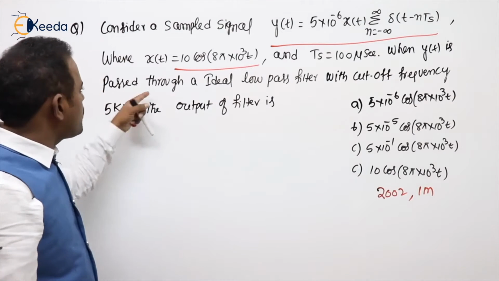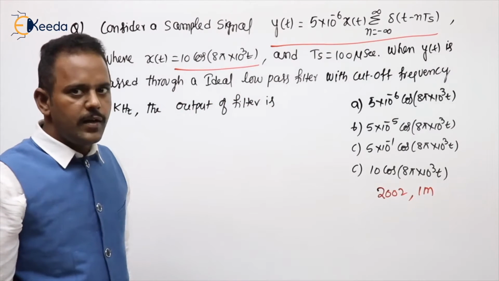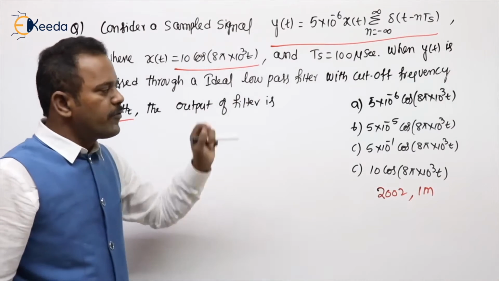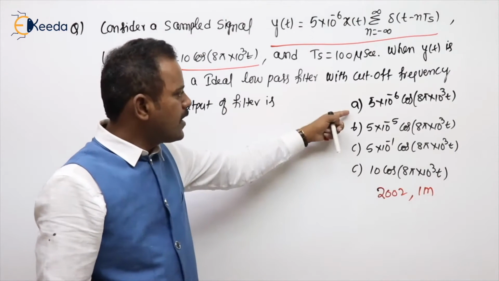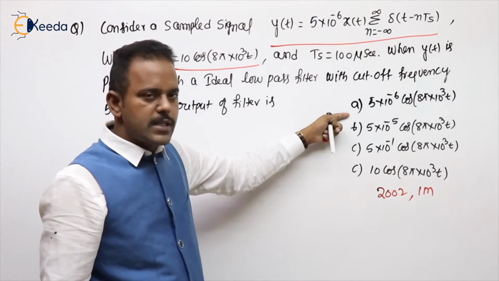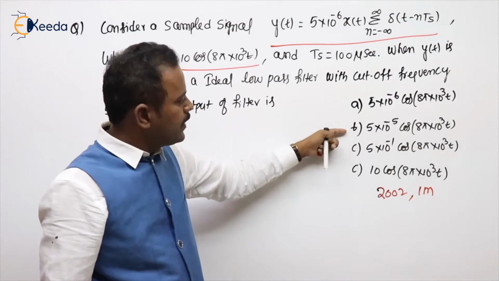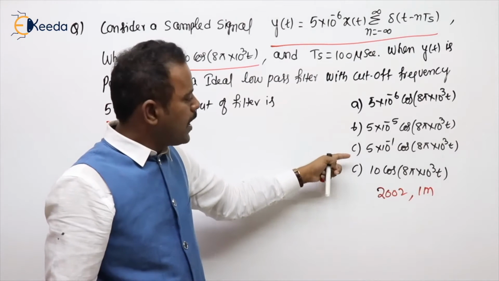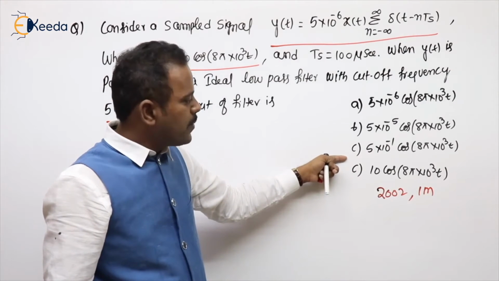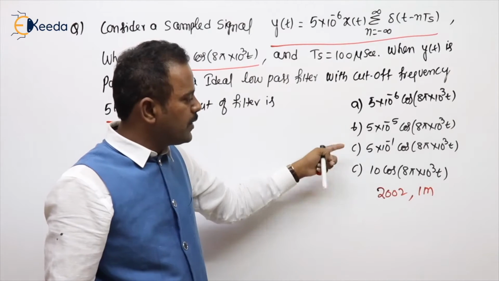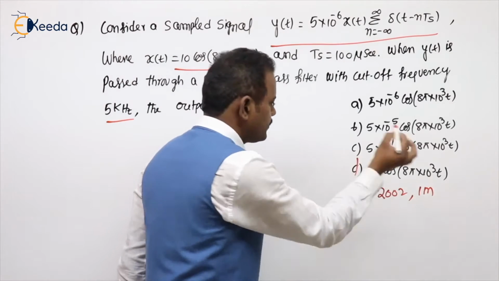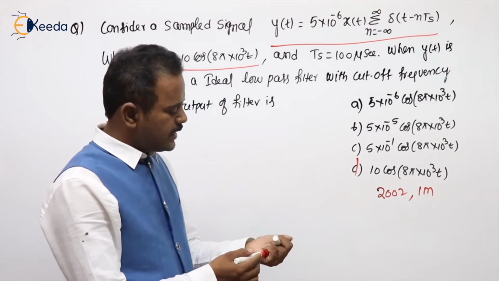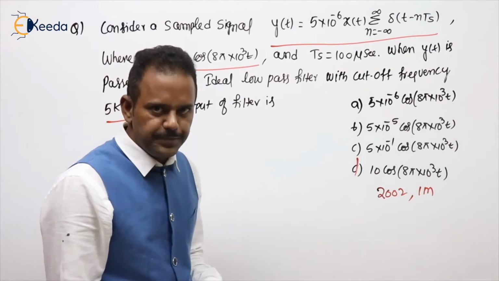When y of t is passed through an ideal low pass filter with a cutoff frequency 5 kHz, the output of the filter is: option A 5 into 10 power minus 6 cos 8 pi into 10 cube t, option B 5 into 10 power minus 5 cos 8 pi into 10 cube t, option C 5 into 10 power minus 1 cos 8 pi into 10 cube t, option D 10 into cos 8 pi into 10 cube t. This was asked in GATE 2002 for 1 mark.